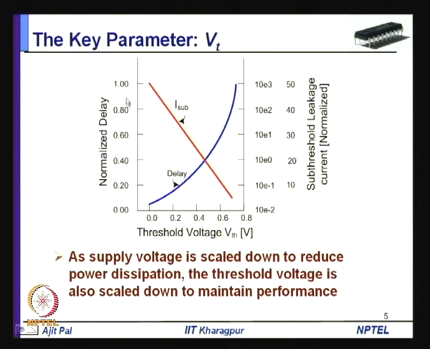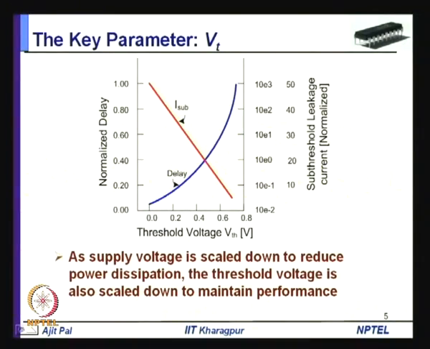As you can see, normalized delay reduces more or less quadratically as you reduce the threshold voltage. That means, smaller the threshold voltage, smaller is the delay. So, from the viewpoint of performance, it is essential to have smaller threshold voltage. A smaller threshold voltage in a circuit leads to faster operation and higher performance.